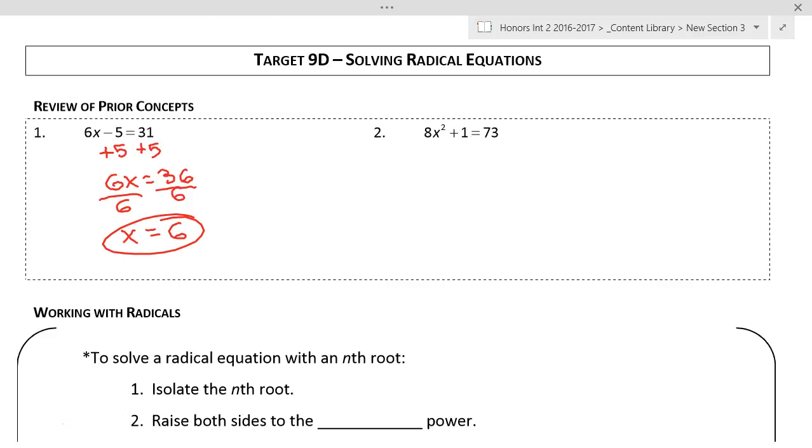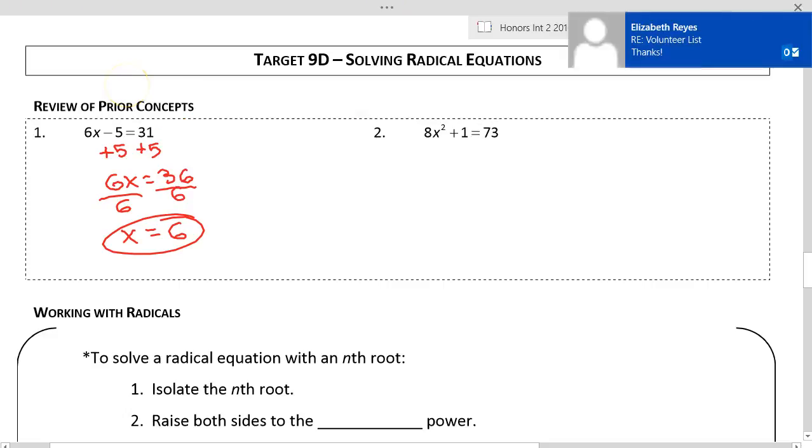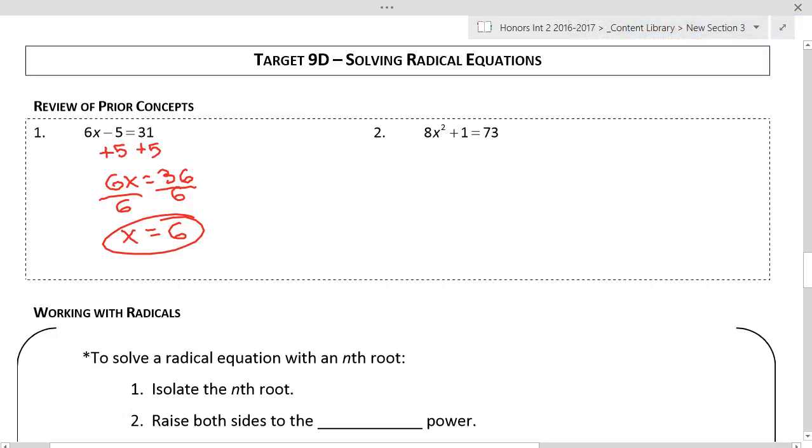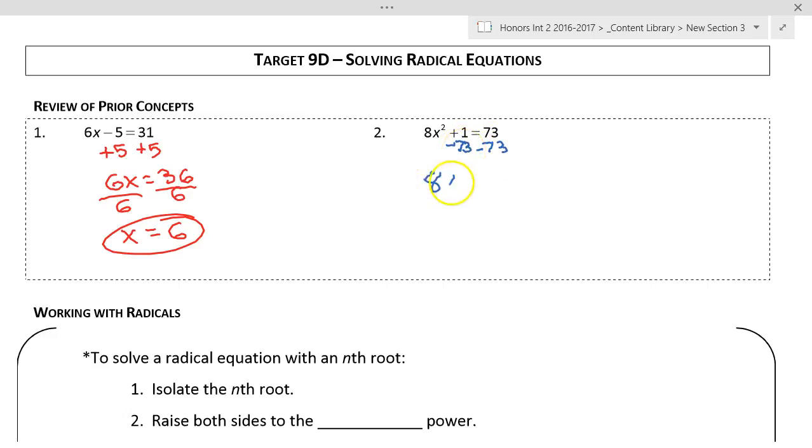Looking at number 2. Number 2 is a quadratic. It has that x squared term. So it's different. Linear, like number 1, x's to one side, constants to the other. Number 2, everything to one side. We want it equal to 0. So what I'm going to do for number 2 is subtract 73 from both sides. And I get 8x squared minus, so 1 minus 73 is negative 72, equals 0.